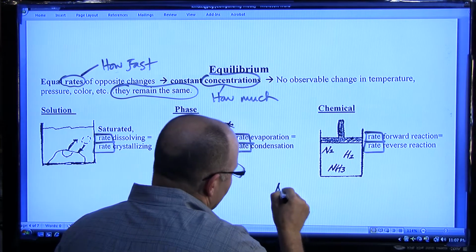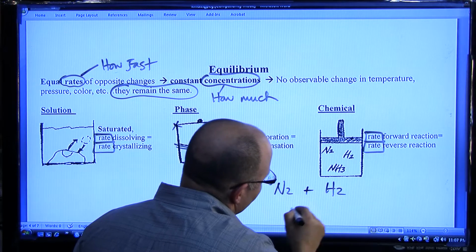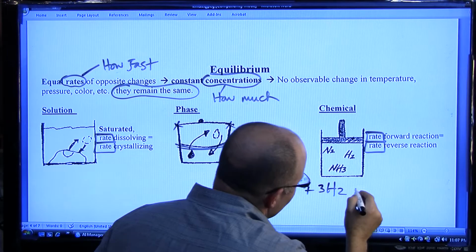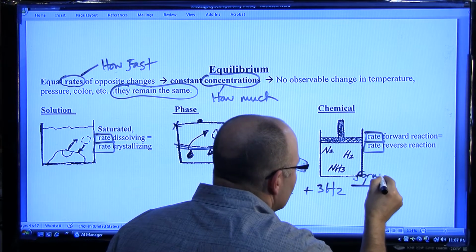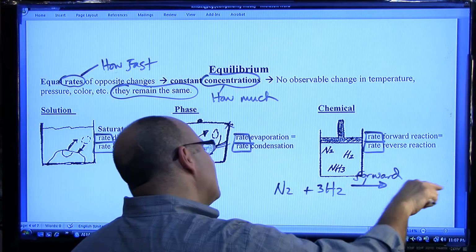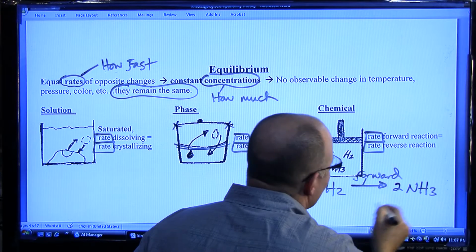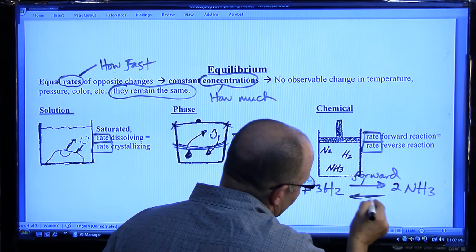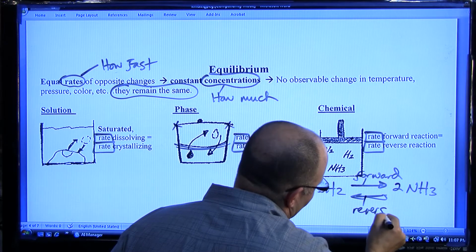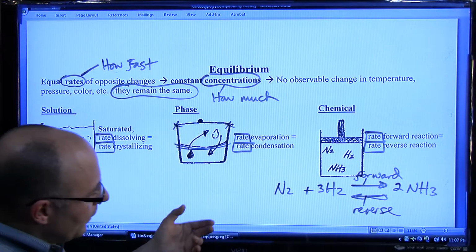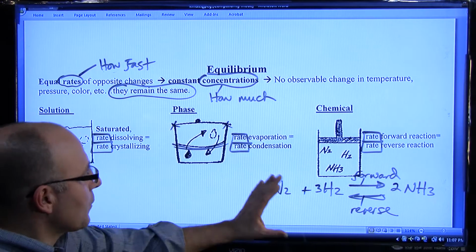To remind you of that: N2 plus 3 H2 is going to produce, in the forward direction, which would be to the right, 2 NH3, which is your ammonia. And then your reverse direction would be to the left, towards the reactants. And so what we have here with these double arrows is a depiction of a reversible reaction.